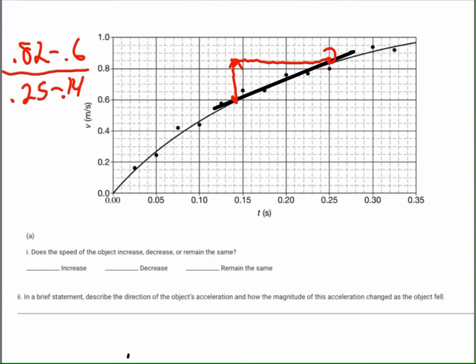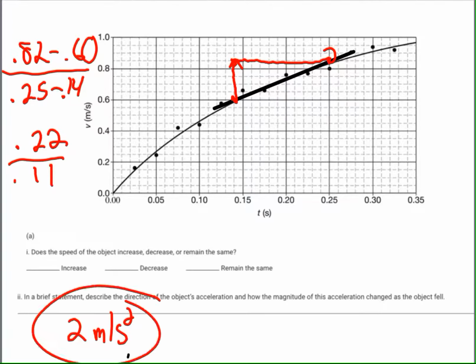So we have 0.82 minus 0.60. That's going to be 0.22 divided by 0.11, which nicely enough turns out to be roughly 2 meters per second squared.